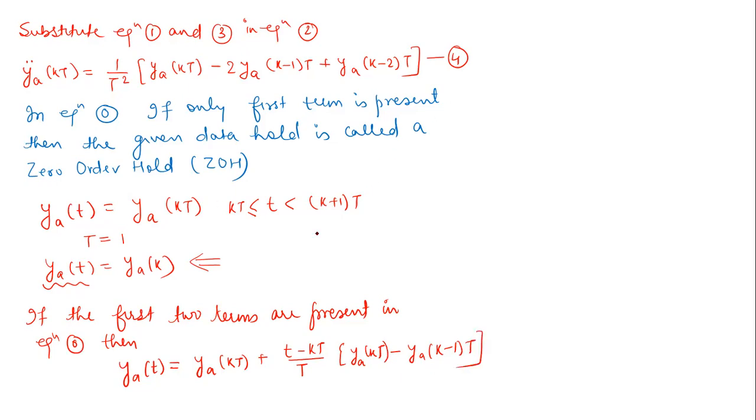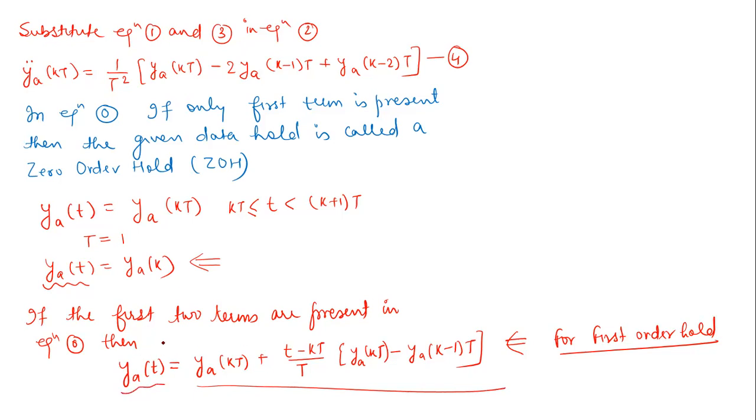So this is for the first order hold. Now in this, you can see we have two terms. When we extrapolate the output signal based on the given samples, we will get some analog output which is given by y a t.